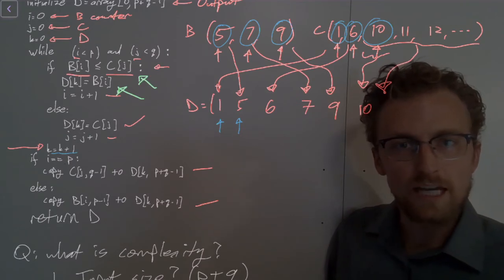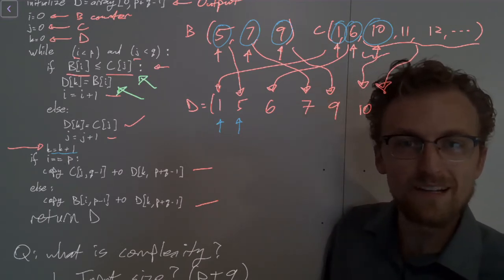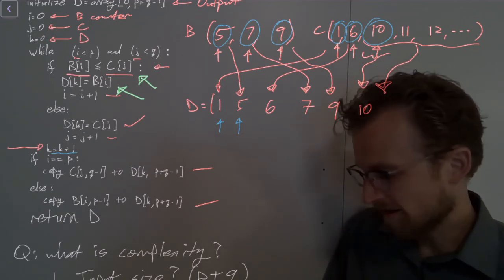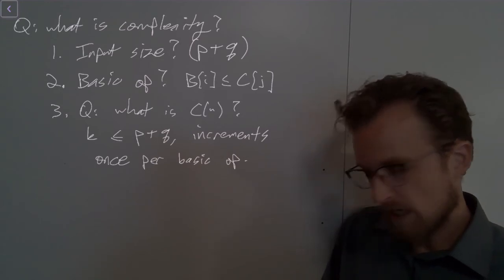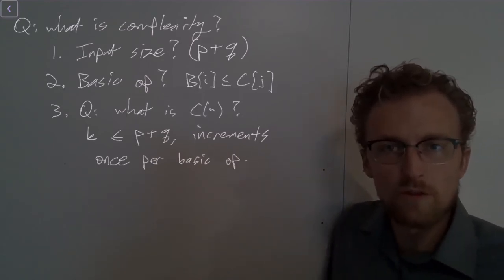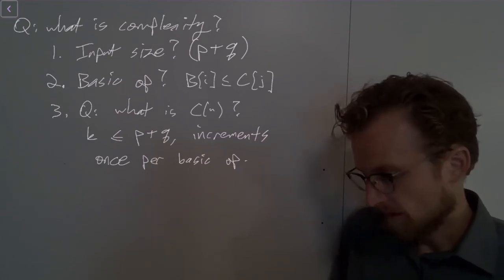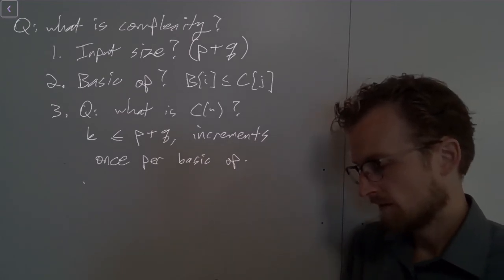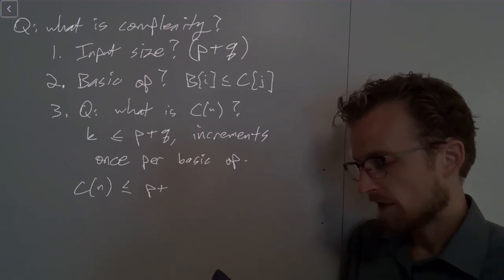So each element gets at most one experience of being compared to another element. So the total number of basic operations can never exceed p plus q. That means C of n is always less than or equal to p plus q.